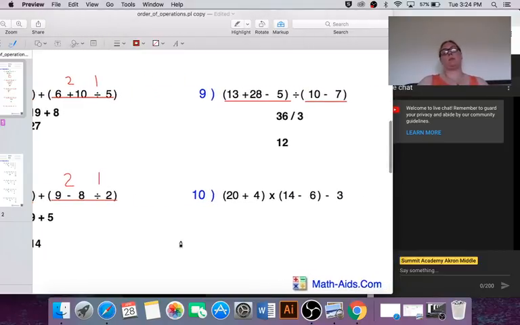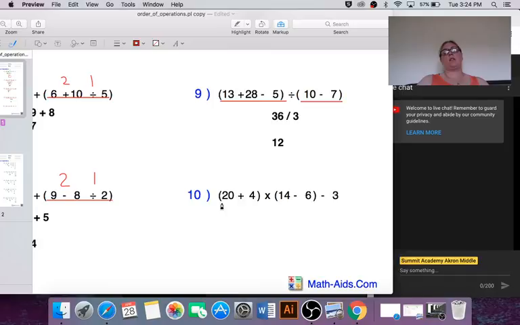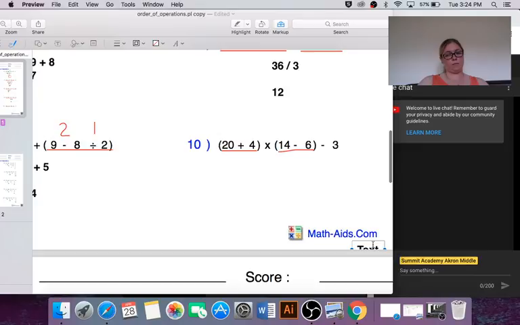In our last problem, we have one set of parentheses and two sets of parentheses. So again, we're going to solve those first. So 20 plus 4 is 24 times 14 minus 6 is 8.